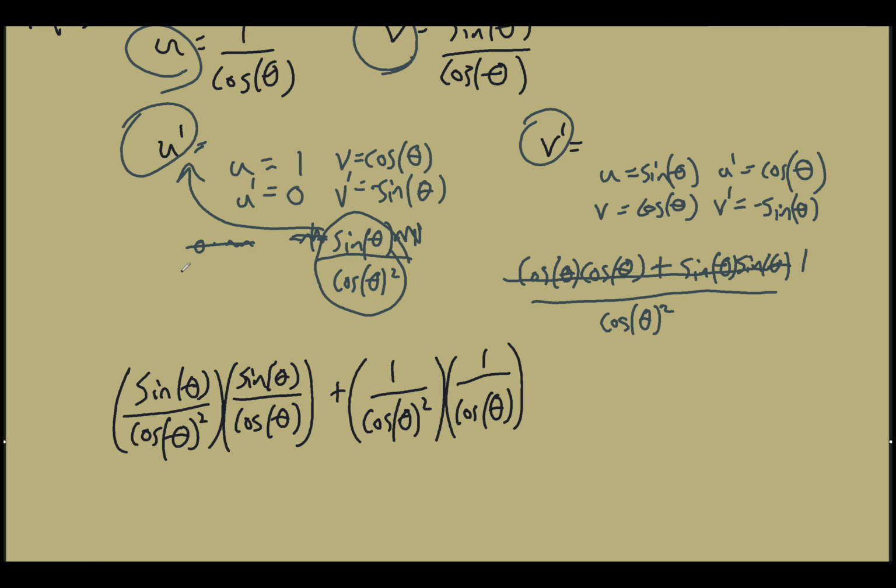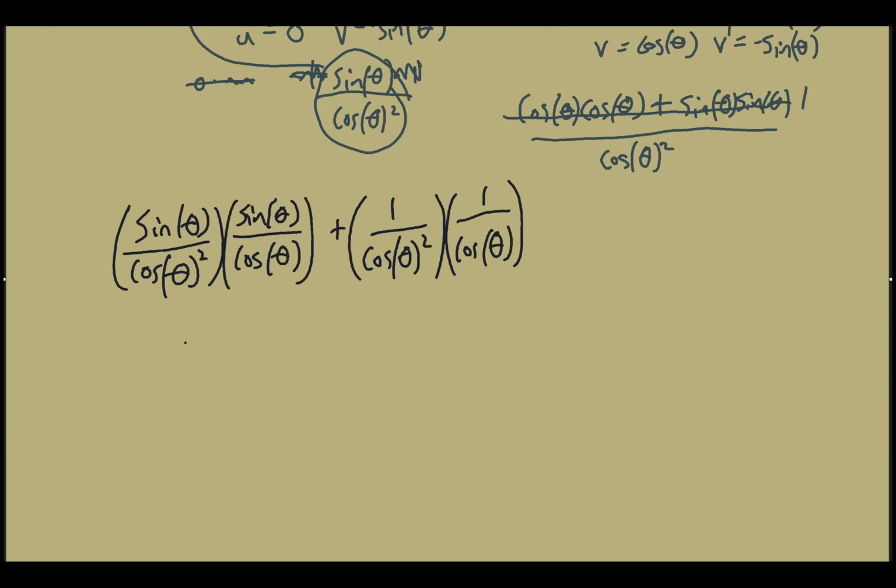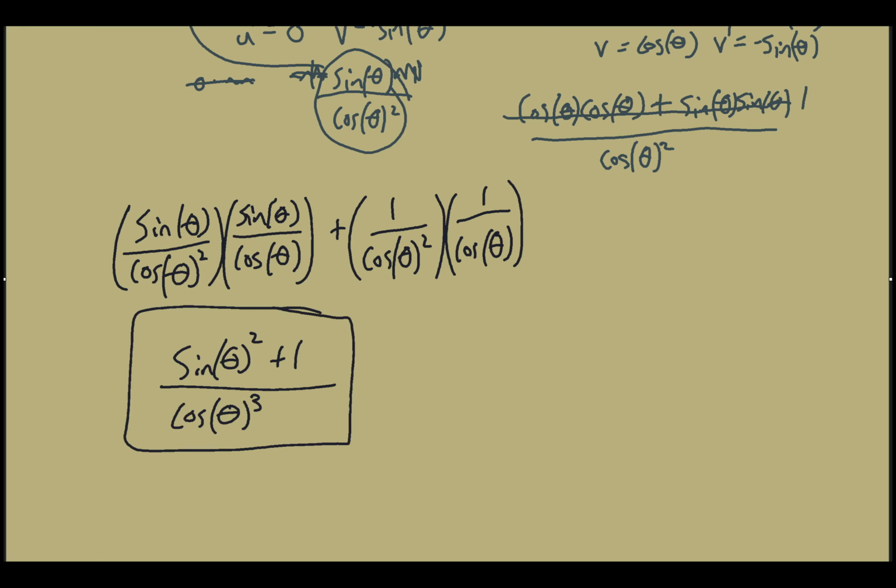And it looks like we have a common denominator, so I'm going to write it as this. And this is the answer. Now, you may be asked to do stupid things with this.